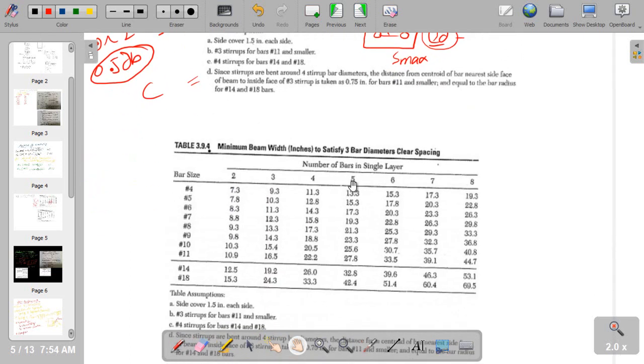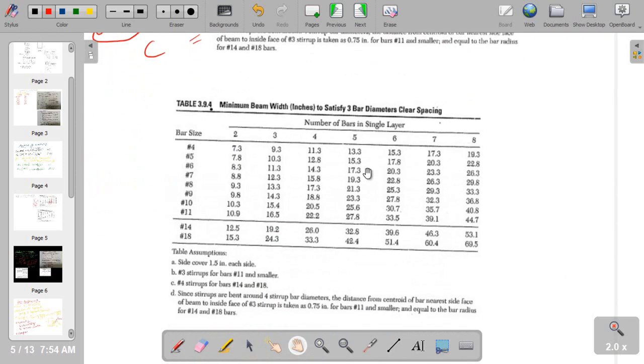Now here you can see this table. This table is for one layer of bars, and this is specified on 3 times the diameter of the bar, meaning that here we are ensuring 3 times the diameter of the bar.